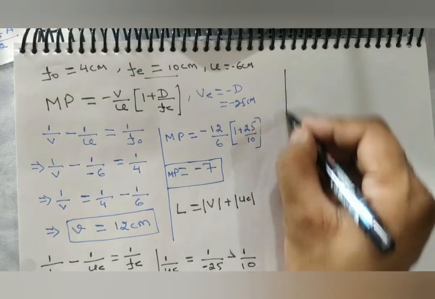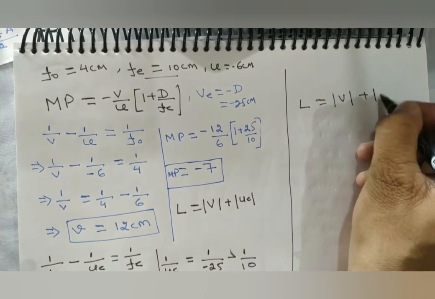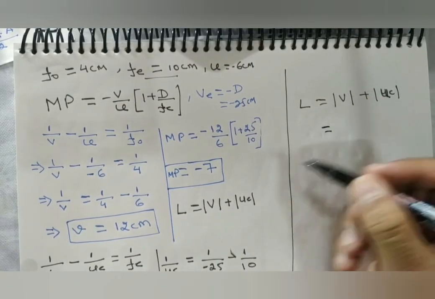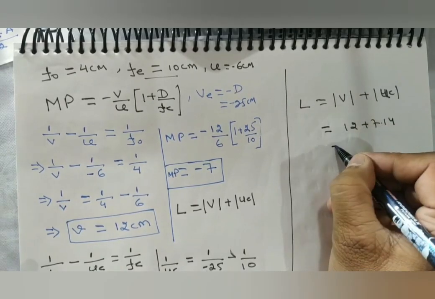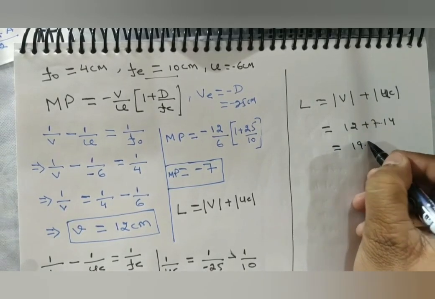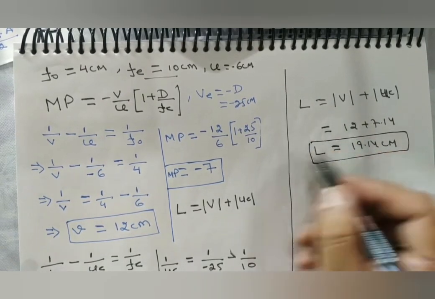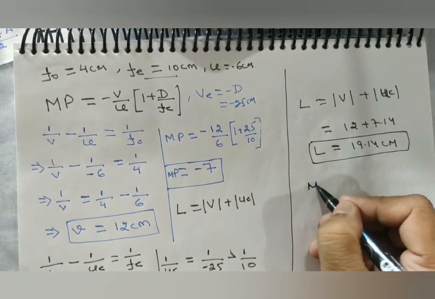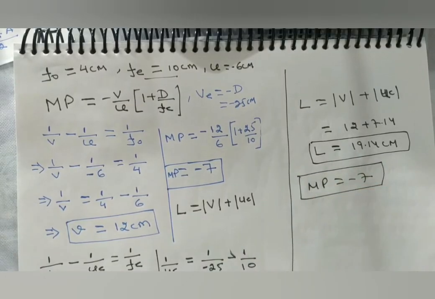So tube length L is V plus UE, numerical value. We have calculated V, it is 12 plus 7.14, so it will be 19.14 centimeter. So finally we have calculated both magnifying power and tube length. Okay, let's have the next question.